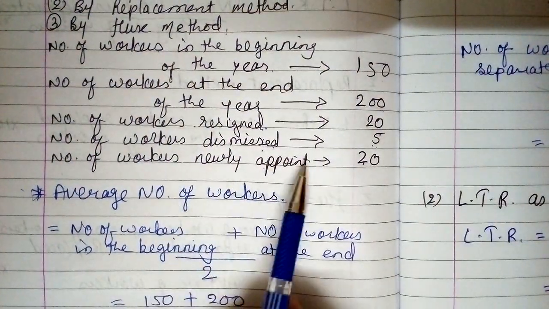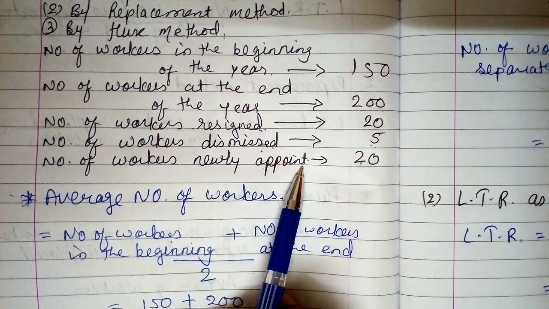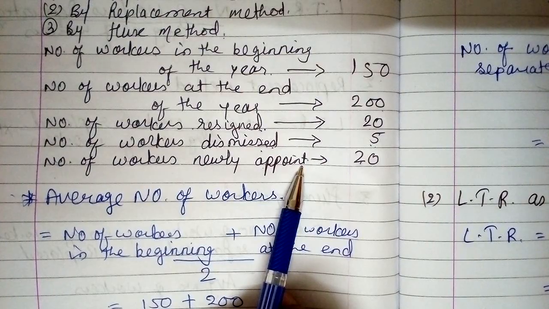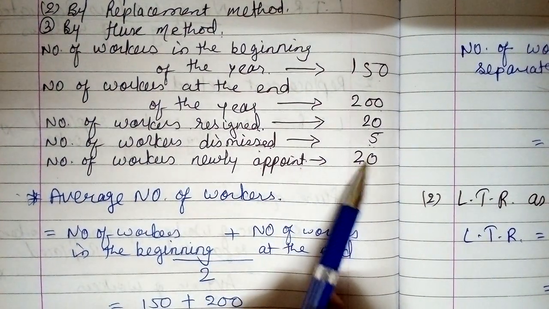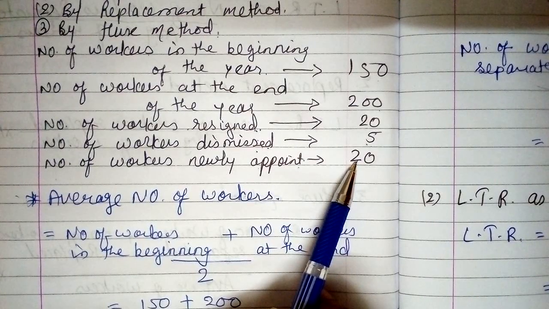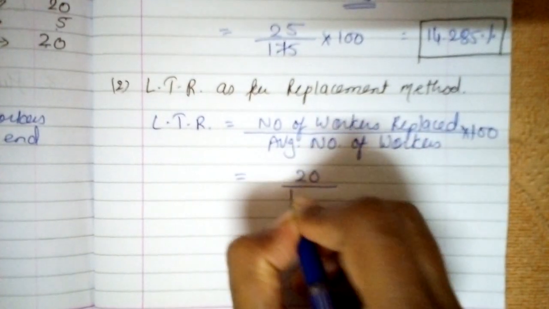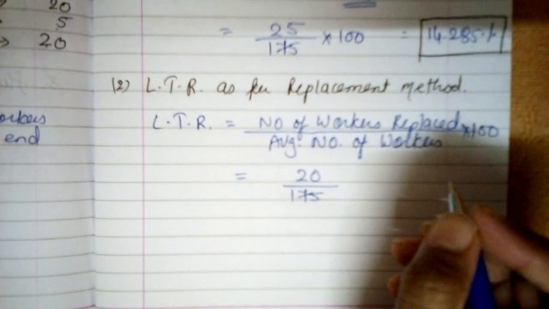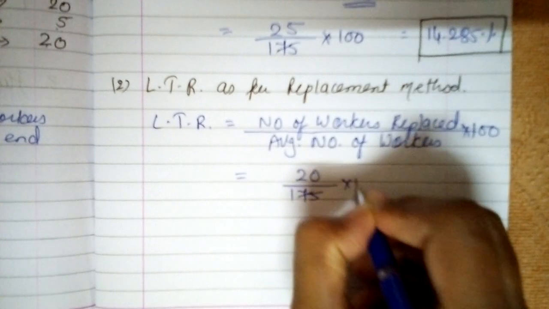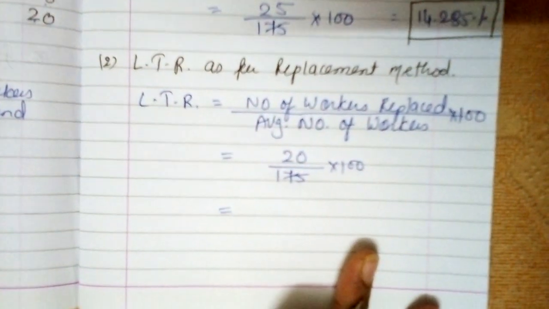Number of workers newly appointed. So why are they newly appointed? Just to fill the vacancy of the workers who left, right? So this number is called the number of workers replaced, right? So directly we can write down 20 here. Average number of workers was 175 and into 100. So we have got the answer.